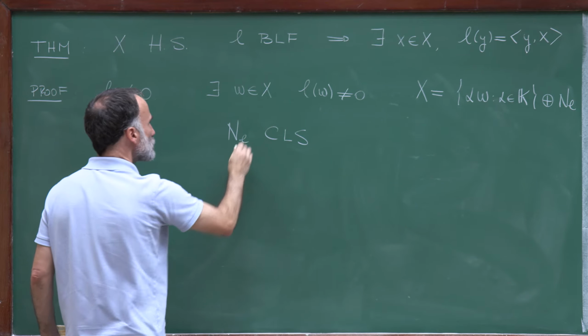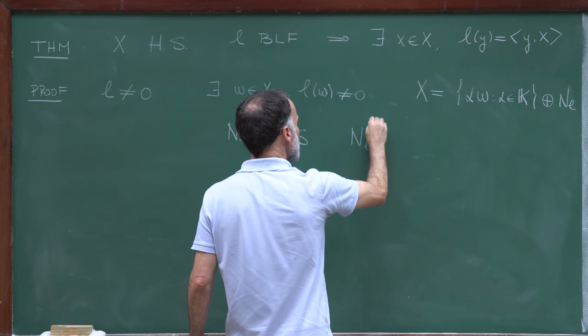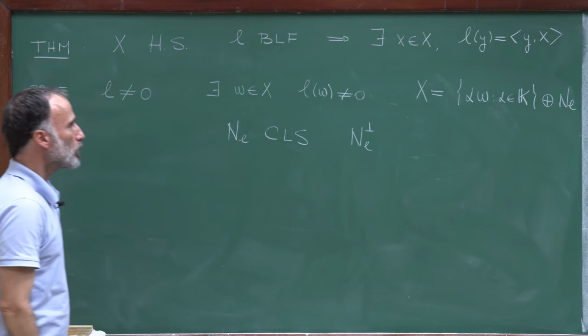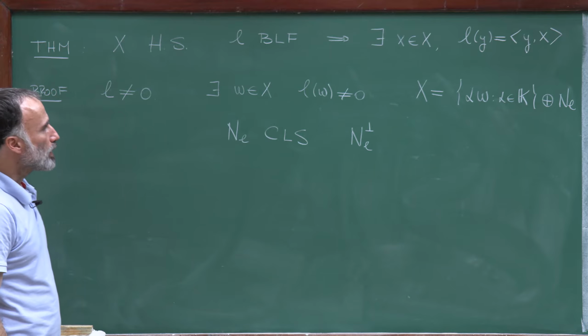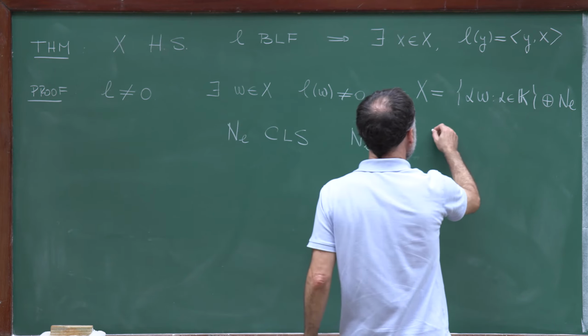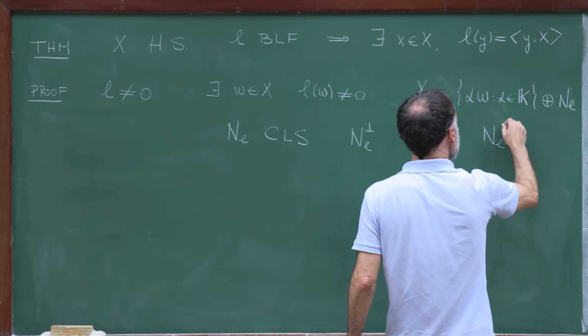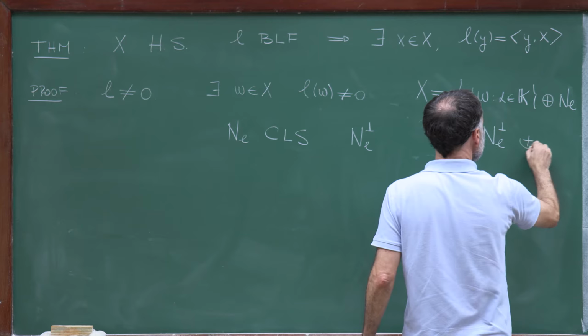And since it's a closed linear subspace, we can define the orthogonal of this space, and this space is also a closed linear subspace, and moreover, X can also be represented by NL perp plus NL.